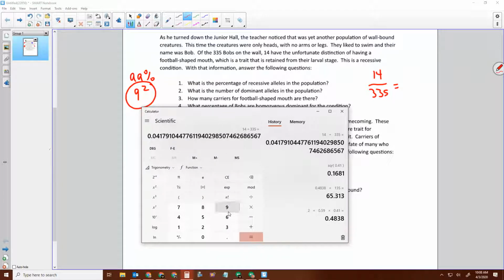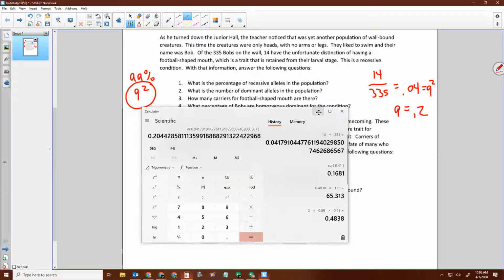And if you go ahead and take the square root of that, because 0.04 equals Q squared, right? Let me write that down. So this is 0.04, and this is also equal to Q squared. And so Q is going to equal 0.2.